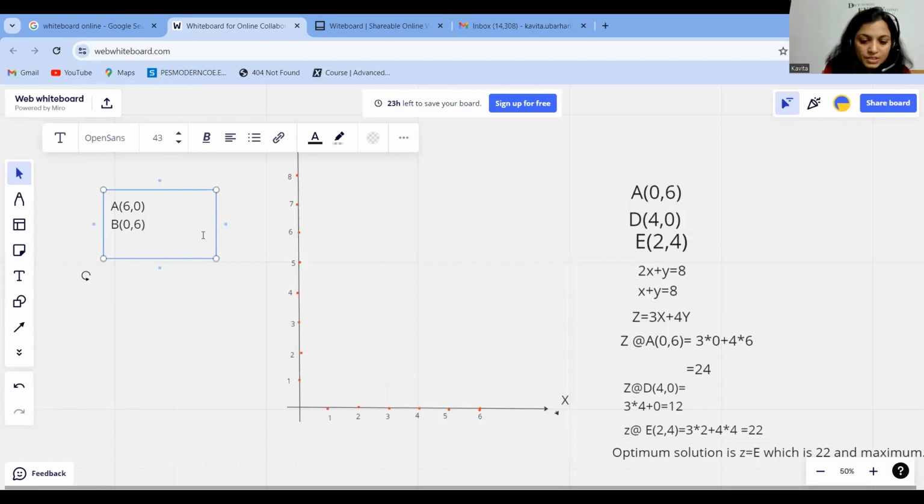So point C we can say is 4, 0, and point D we can say it is 0, 8.